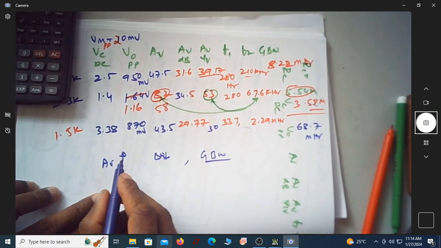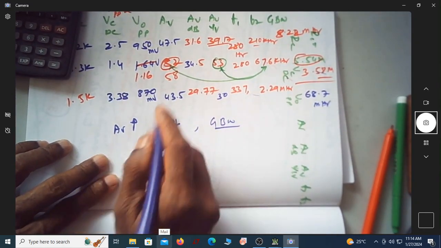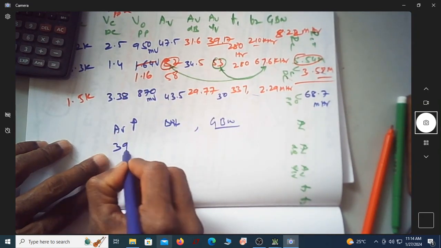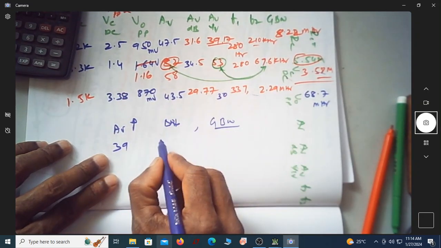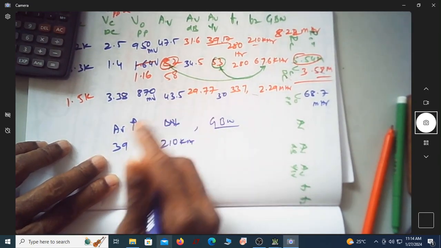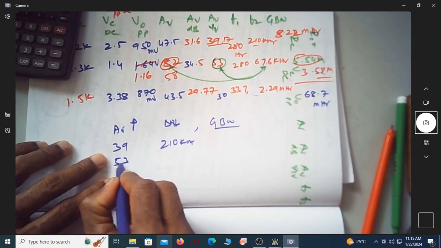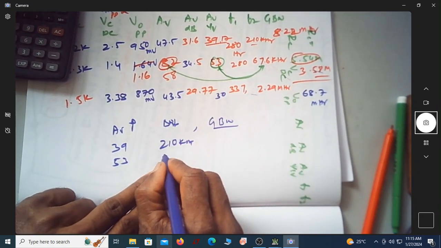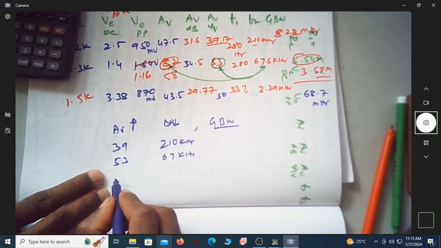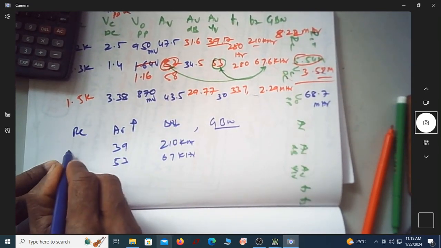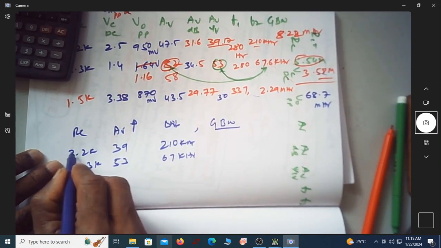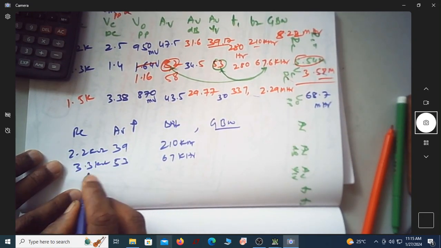So let us take the network gains only. This was 39 and the bandwidth was 210 kilohertz, and then the gain increased to 53. Naturally the bandwidth has reduced to 67 kilohertz, and this is with RC of 2.2K. This is with 3.3K. With the increase in RC, gain is increasing.